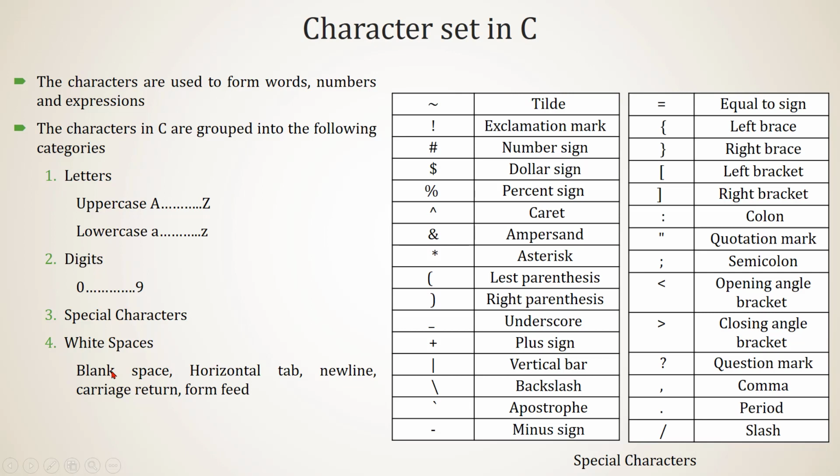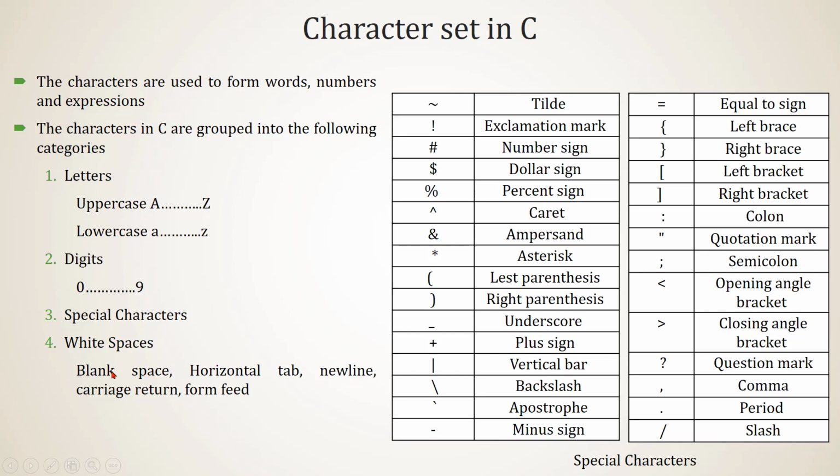The space given when I press the space bar and the space given when I press the tab button is different. It will give a tab space, and the space will have some more width. So that tab space is also permitted in the character set in C.